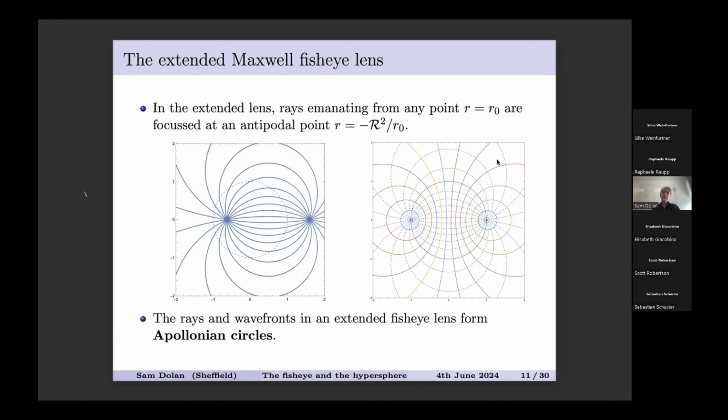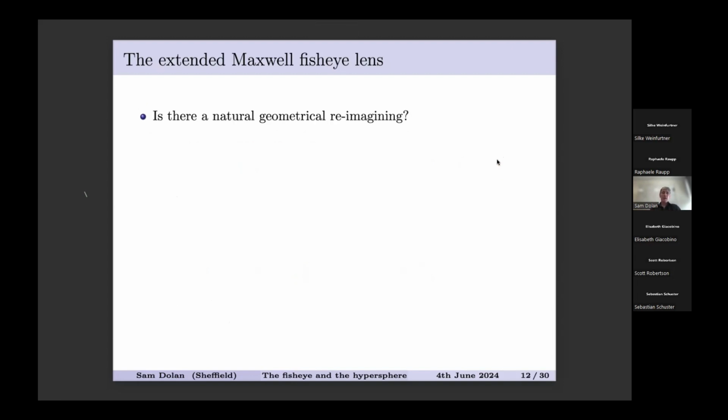So this is all very nice, but how should we better understand what's happening here? Is there a natural geometrical reimagining of the fisheye lens? Well, like all the questions I'm posing rhetorically, the answer is yes.